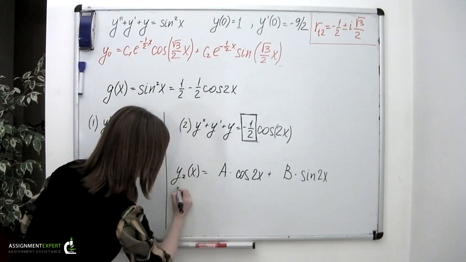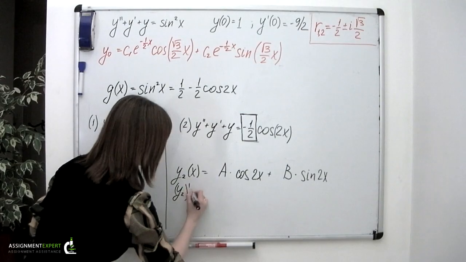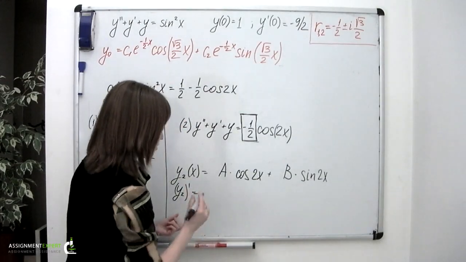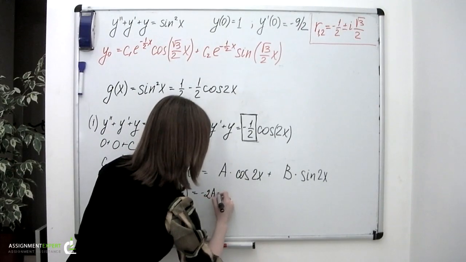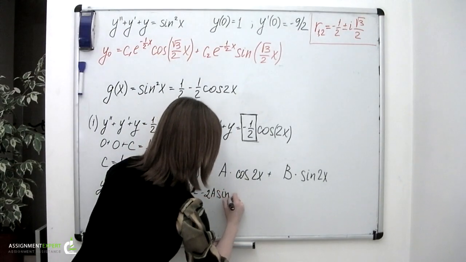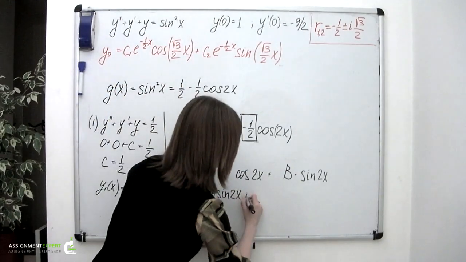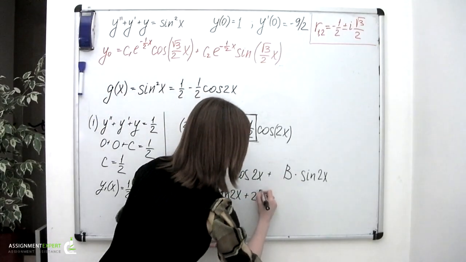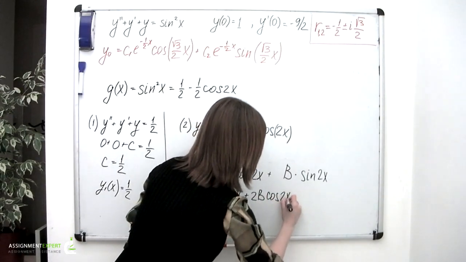So we go y sub 2 prime equals negative 2a times sine of 2x plus 2b cosine of 2x.